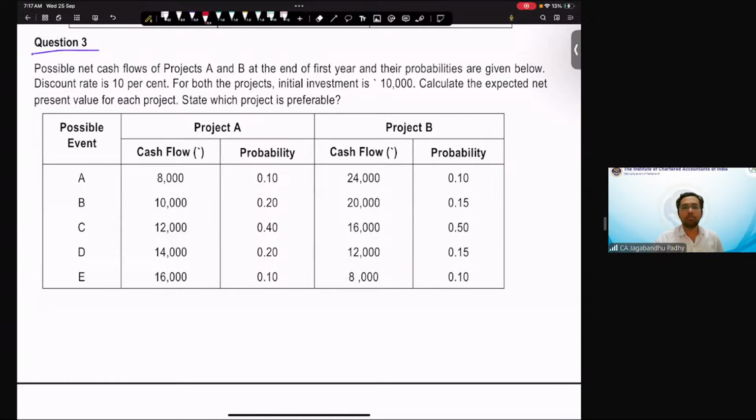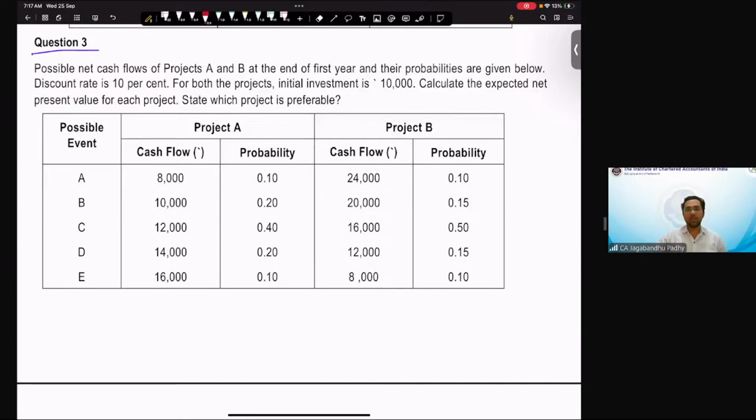Now, let's take it a bit ahead. The cash flows that we observed were for just one year. This was just the probability distribution for only 1 year cash flow.